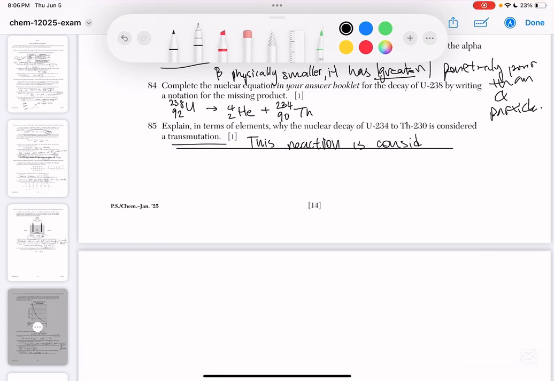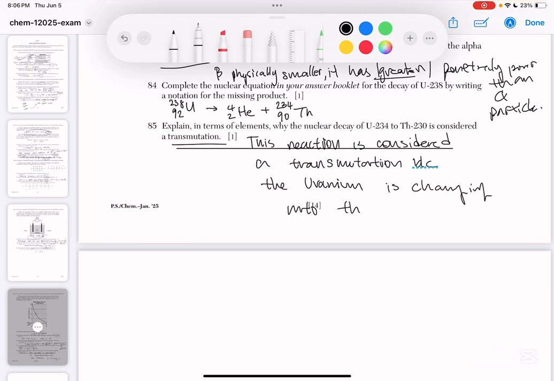Considered a transmutation because the uranium is changing into thorium. So yeah, I love how predictable the Regents exam is.